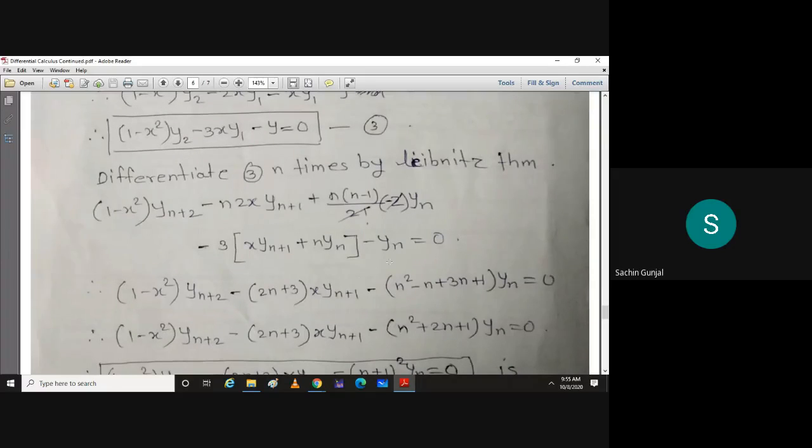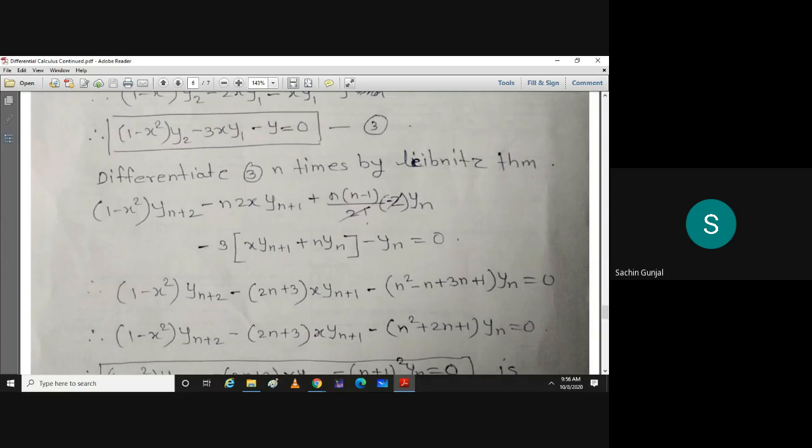Now collect the coefficients of yn correctly. So here it is n square minus n. Then here it is 3n, and here it is 1. And from everything you can take the minus sign out.